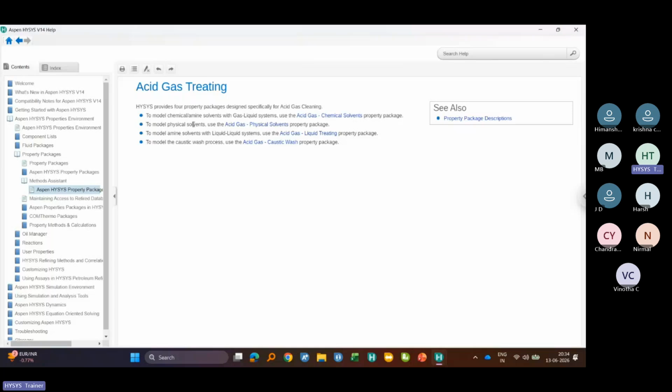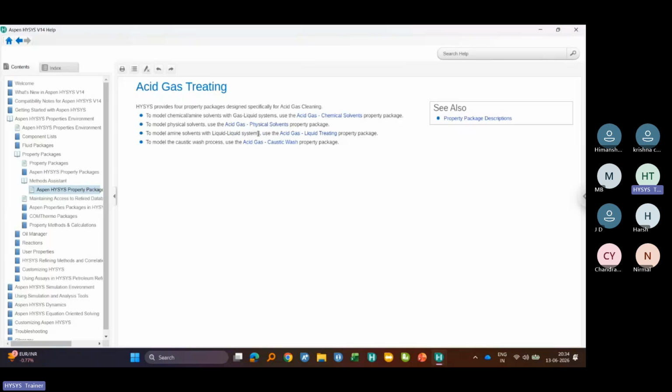To model physical solvents, if any physical solvent is involved, you can go for acid gas physical solvent. To model amine solvents with liquid systems, ours is not a liquid system, ours is a gas liquid system. If it was a liquid system, then we might have gone for acid gas liquid treating process. To model a caustic wash process, you can go for acid gas caustic wash process.